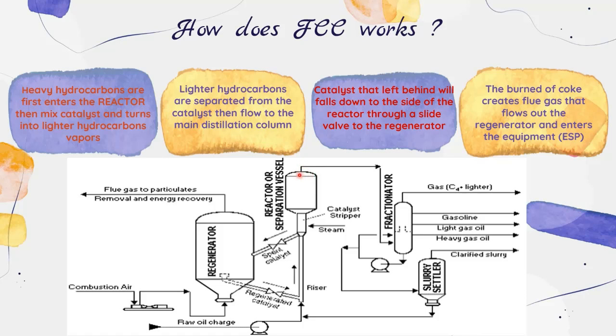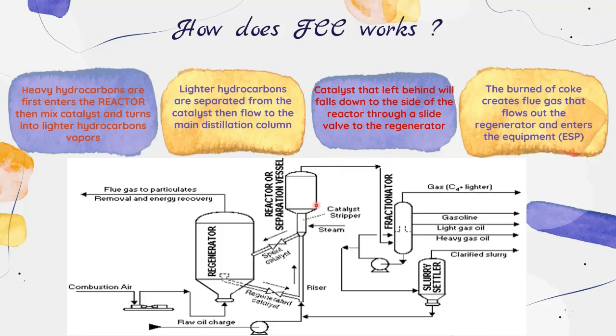At the top of the reactor, which is here, the lighter hydrocarbons are separated from the catalyst, then flow to the main distillation column, which is the fractionator. So this reactor is using the concept of a fluidized bed reactor.